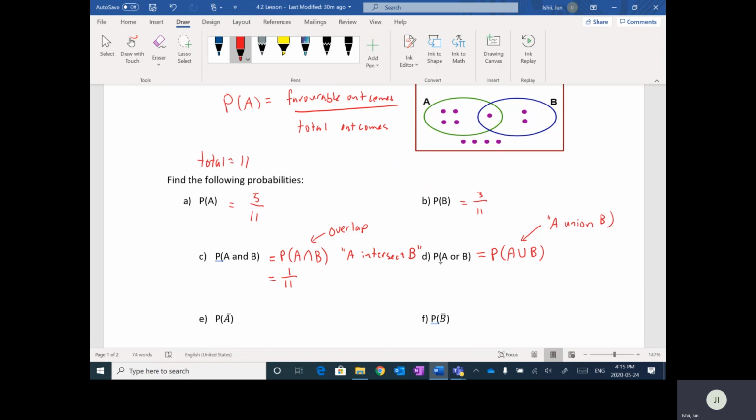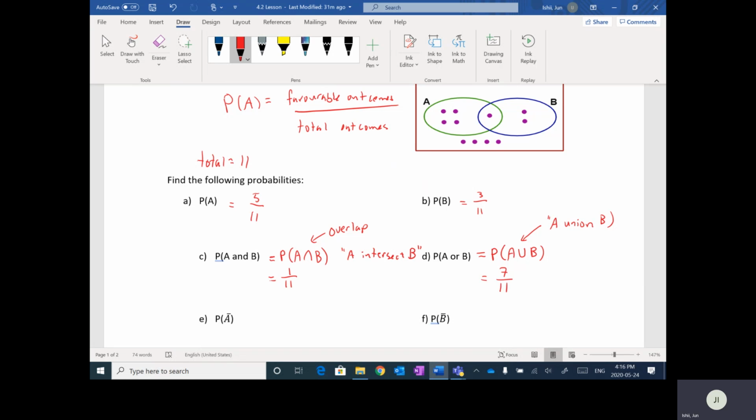The difference between and and or is that either one of them happens, or the other happens, or both happen. So for A or B, if we count the dots, we have 4 here, plus the 1, plus the 2 in only B. So the probability is 7 over 11.